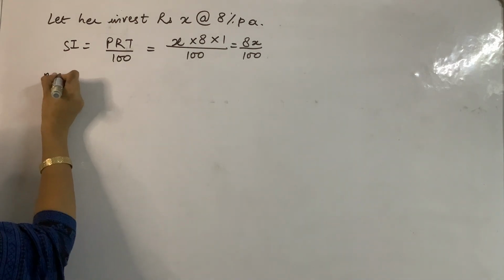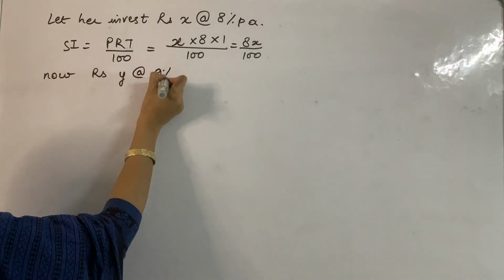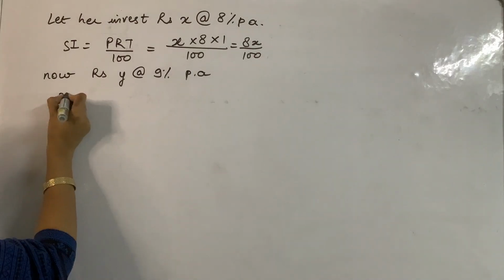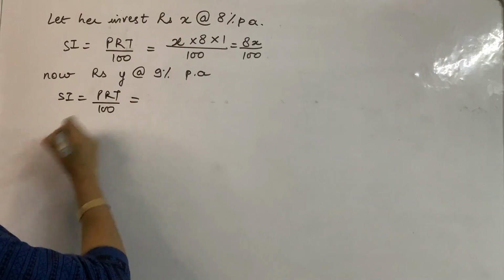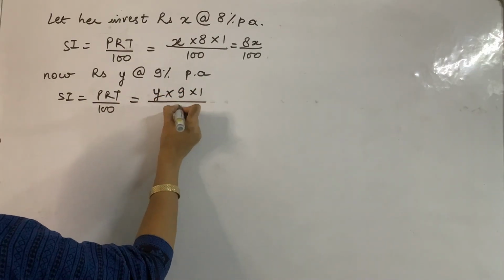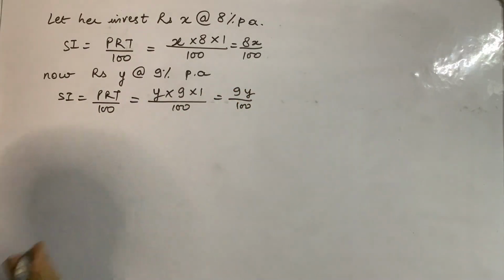Now rupees Y at the rate of 9% per annum. So simple interest will be again equal to PRT upon 100. What is P? Y into 9 into 1 upon 100. So this will be equal to 9y upon 100.